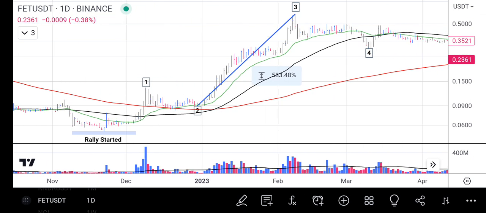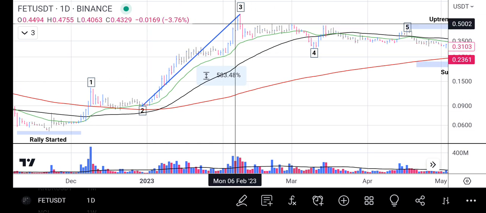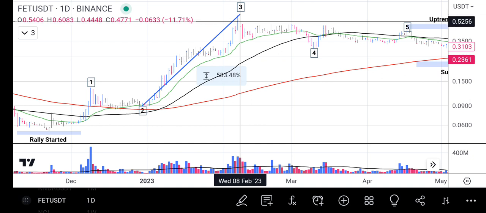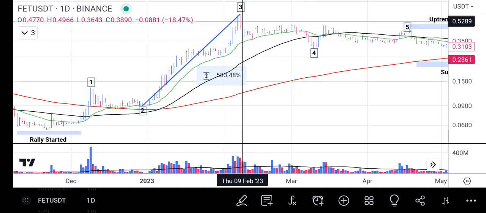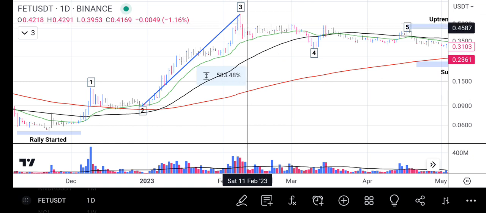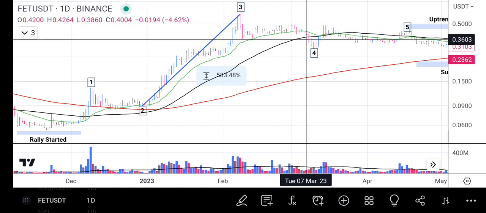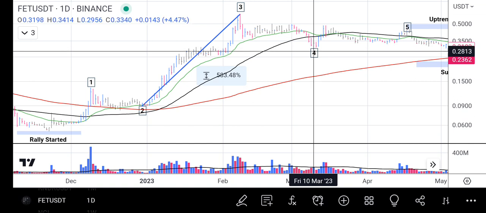From there, when the price finally got to point 3, the sellers hammered it again. They played their part. Price will not continue going on and on. It will rise for some time, then take a breath and rest a little. That's exactly what happened. Fetch.AI dropped back to point 4.